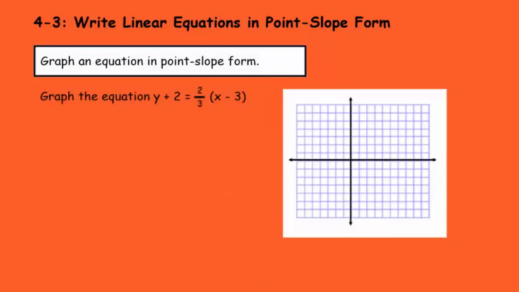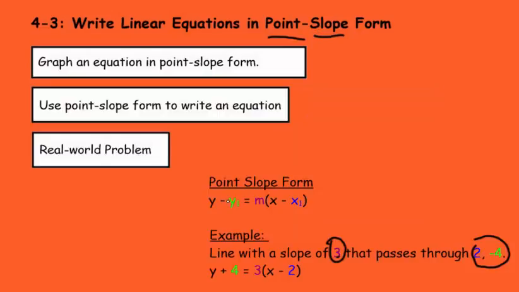Let's try this with graphing. It tells us to graph the equation y plus 2 equals 2/3 times x minus 3. Remember, this is point-slope form. First thing we can focus on is the point where it starts. If you remember our form equation, it was y minus the y point equals the slope times x minus the x point.